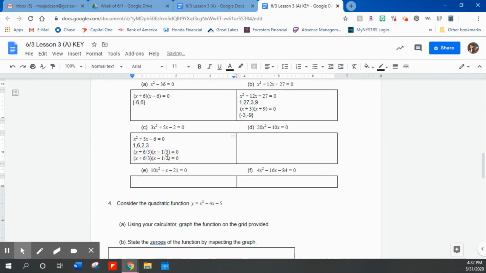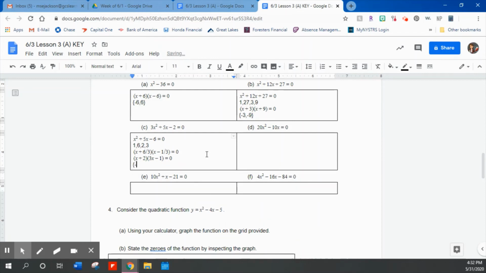So 6 divided by 3 gives us 2. Now 1/3 cannot be simplified, so that means we are going to slide our denominator up to be with our x over here. That should be our final factoring, okay? Now when we solve it, we should get -2, and then this one would be 1/3.